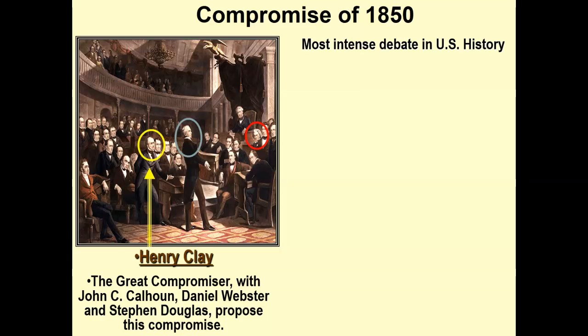The Union has begun to fray at the seams, all because of slavery. And we need something to stitch the Union back together, if nothing but temporarily. And Clay is going to rise to the occasion one more time.